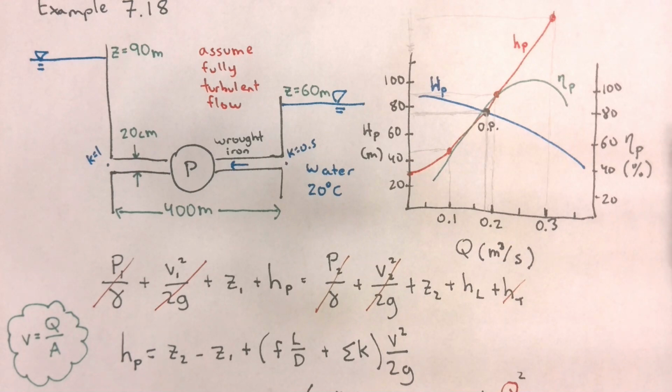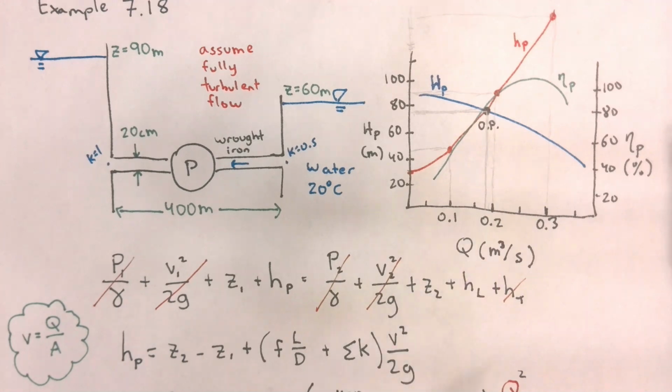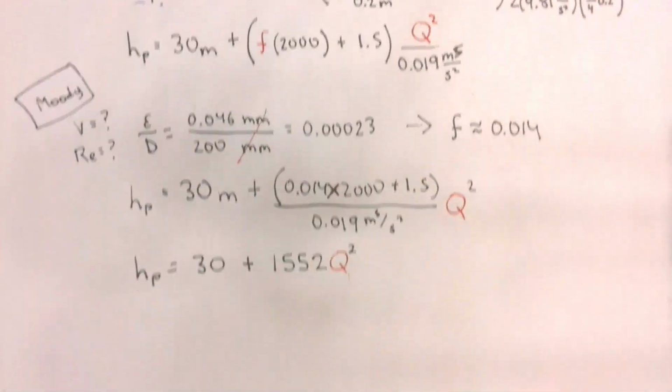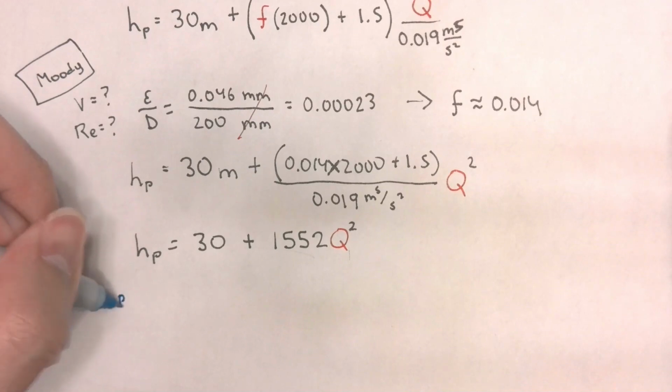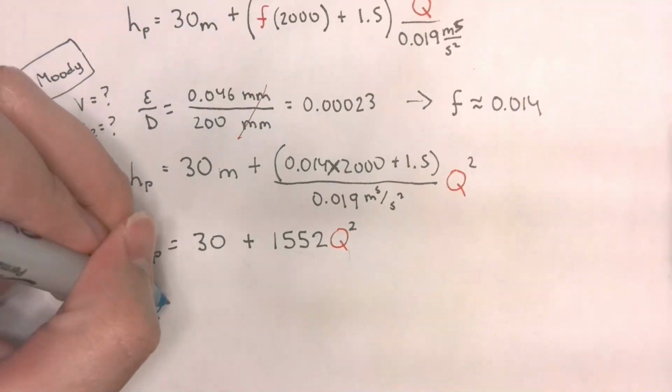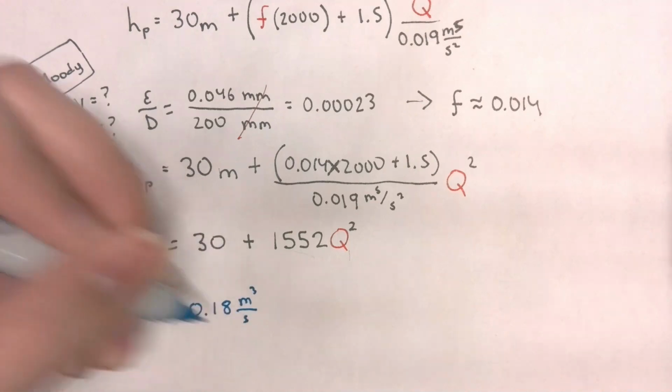Okay? So, what do you guys think? Is it, I don't know, it feels like 0.18-ish to me for the flow rate. All right? So I'm going to approximate my operating flow rate as 0.18 cubic meters per second.